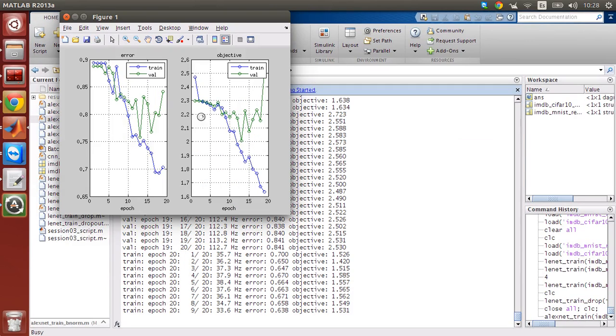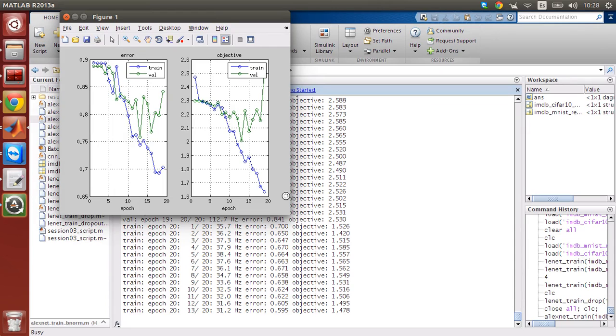Okay, the process is about to reach 20 epochs. We're going to stop it here once it has completed epoch number 20.